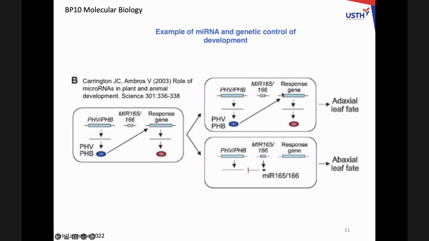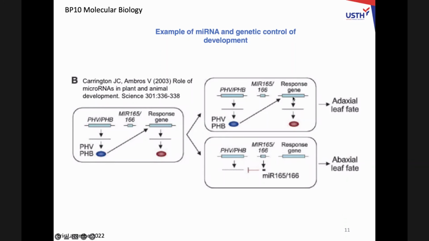Let's imagine one thing: we've got one gene. The boxes are the genomic DNA, so one gene, this is the transcript, and the small balls are the proteins. What we have to look at is what's written as response gene. We don't care which genes these are.